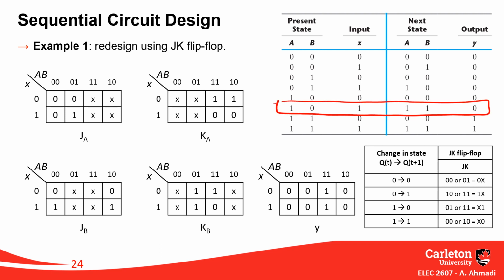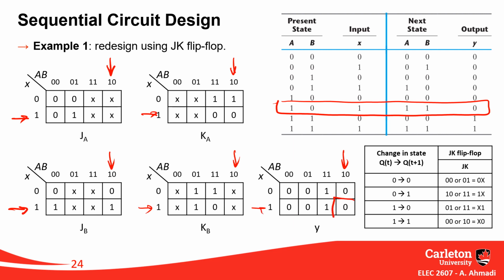So 1, 0, 1. We are talking about A equal to 1, B equal to 0. So it would be this column in all the tables. And your input is 1. So it will be this row.